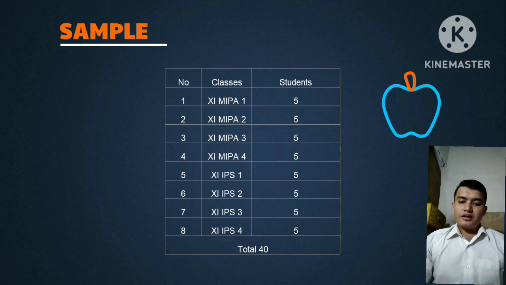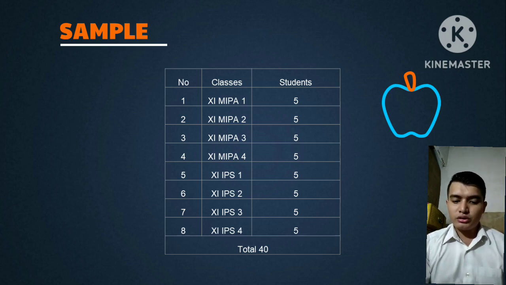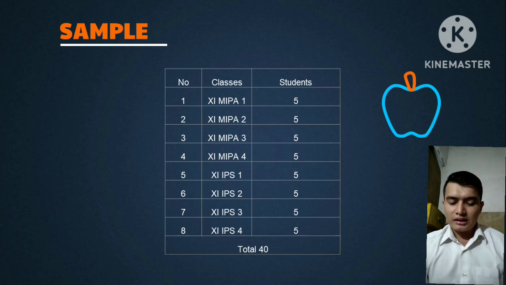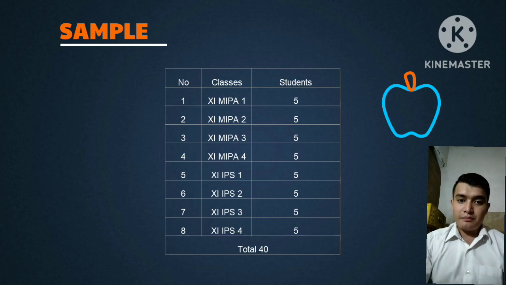The sample of this research, considering that the population is relatively large, then the researcher will take 15% of the total population. According to Arif Fadilah 2002, if the population is under 100, the researcher can take all of them as the sample. But if the population is more than 100, the researcher can take 10% or 15% or 20% until 25% as the sample.